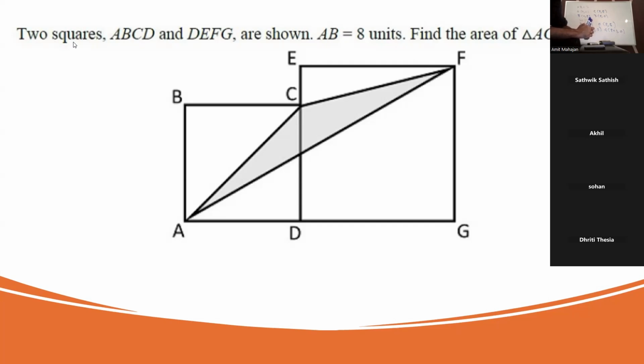Is it 8, comma 8? Satvik, you can answer. You don't have to wait for your friends. I said AC, vector length AC equals 8, comma 8. Am I correct? Yes, because for AC, the x-axis is 8, and the y-axis is 8. So I'm doing x1 times y2.